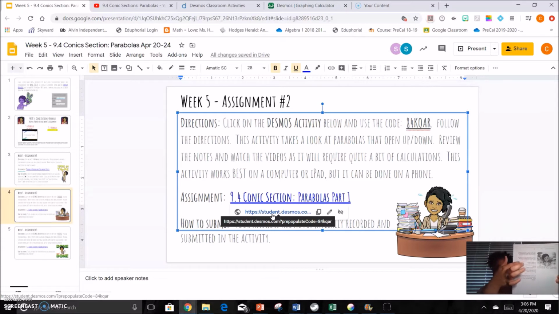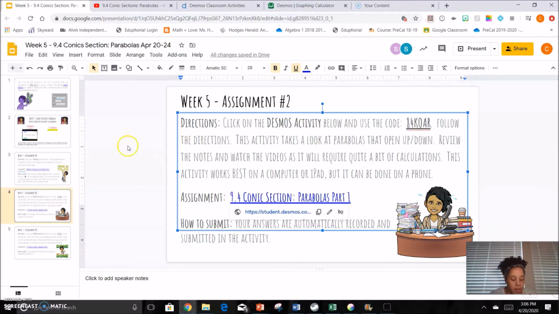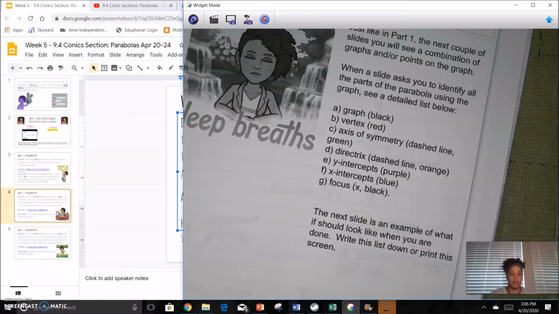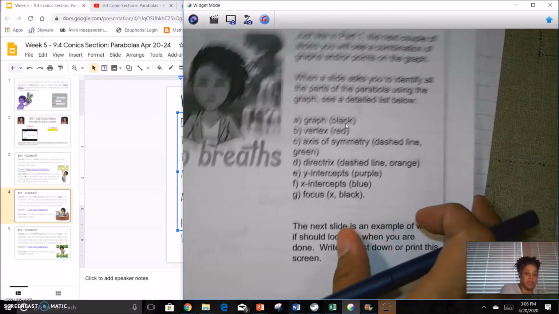If it asks you to graph and label the parts of the parabola, here are all the different parts of the parabola, and it's color coded, and it talks about what type of lines. I can give you a closer look at that. You want to write this down as well. I just printed this out from part 2 of your assignment, so it's the same for part 1 as well.